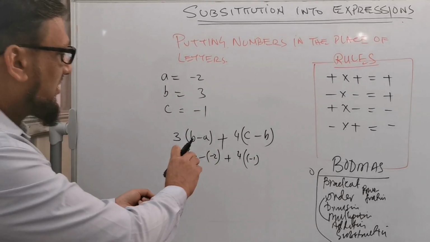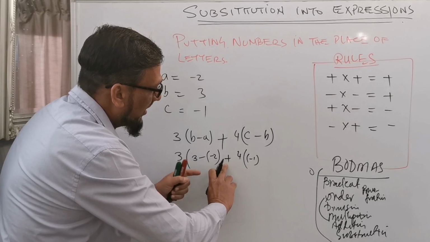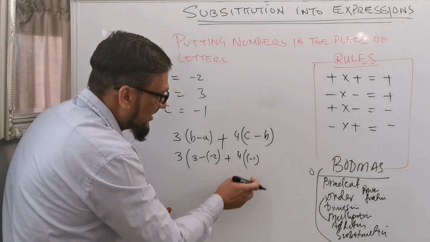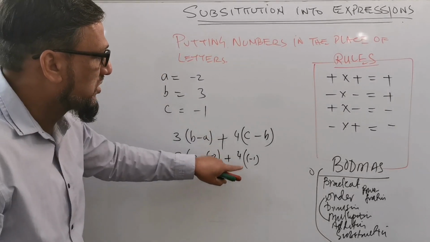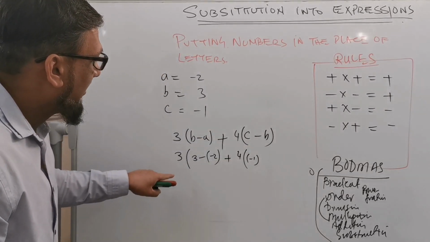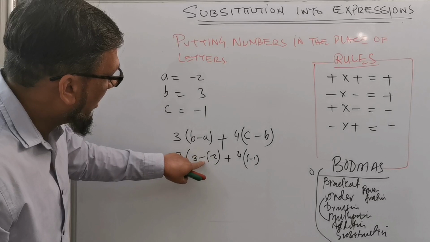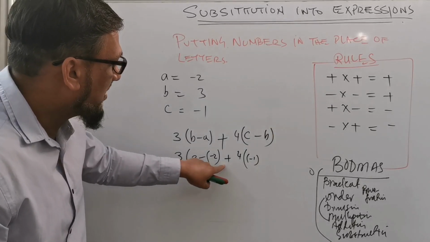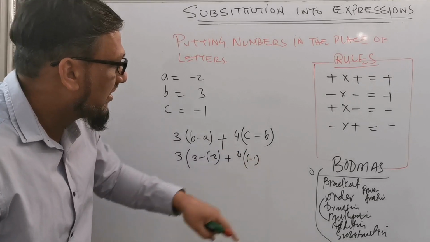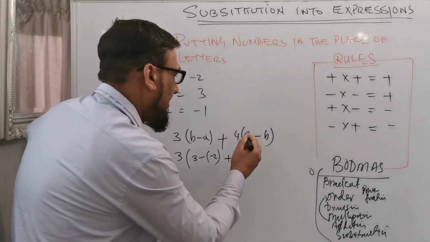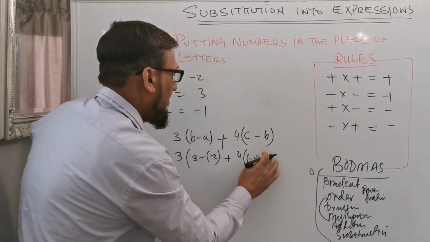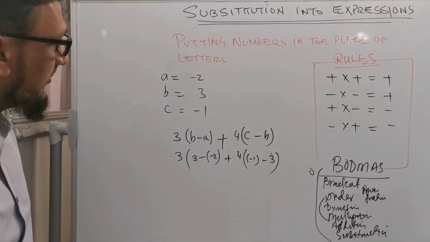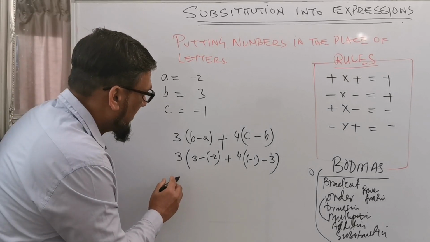Because when simplifying, plus times minus gives minus, minus times minus gives plus, and plus times minus is minus. So that's why I'm putting it in a bracket. So the value of B is 3.